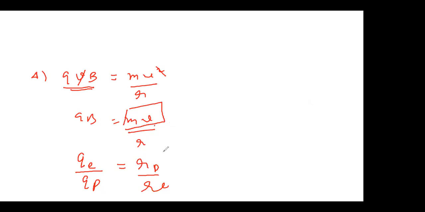So it will be the reciprocal of radius: charge of electron upon charge of proton, radius of proton upon radius of electron. Charge of proton and electron are the same. Therefore, the radius of electron is the same as the radius of proton. That means both will have a curve. The radius of the curve is the same for electron and proton. C option.